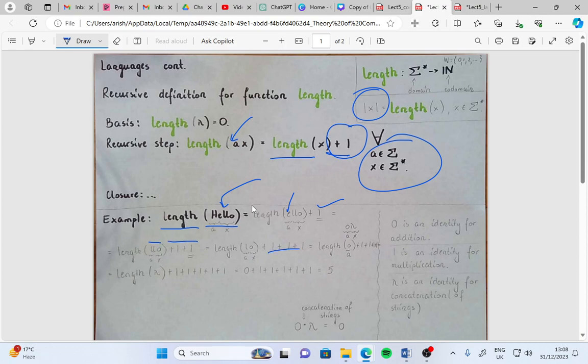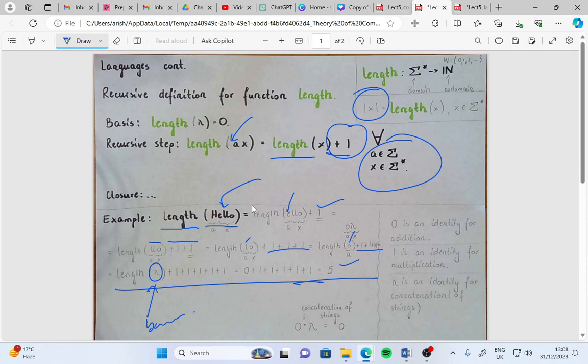Then again l, so that is becoming 3, and lo is left. Similarly, we again apply the length function recursively over hello, and only o is there, and we got 4, and after that we got 5. Now this is empty, this is the basis. At the end we got 5, the length of hello.